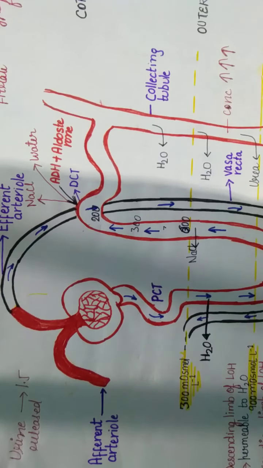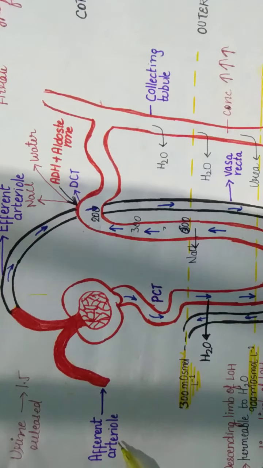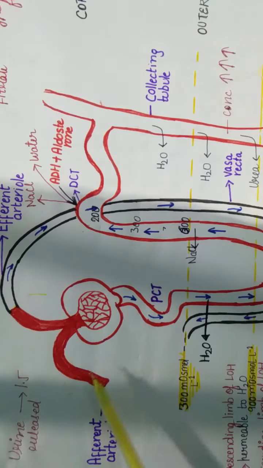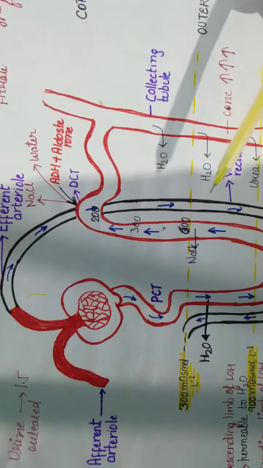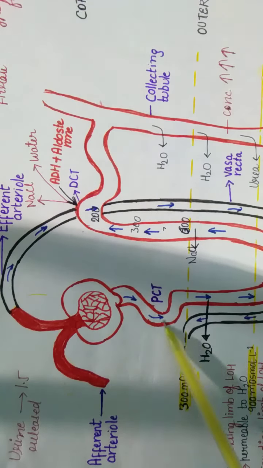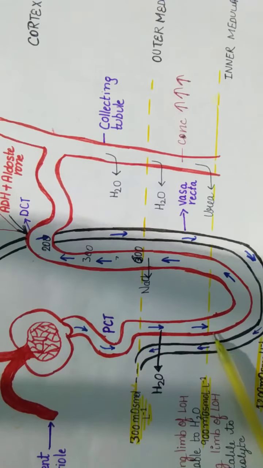Let me summarize one more time. The afferent arteriole brings 1100 to 1200 ml of blood to the glomerulus. Out of this, only 125 ml of filtrate comes to the glomerulus because all the essential components are taken away by the efferent arteriole and supplied to the heart. Now as the filtrate passes downward, water will get reabsorbed and the concentration will increase.